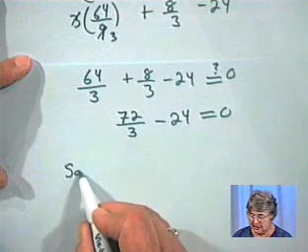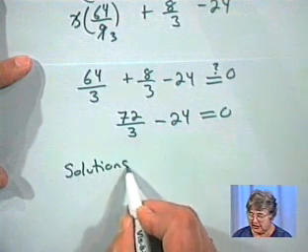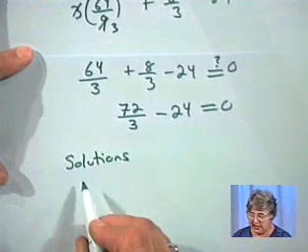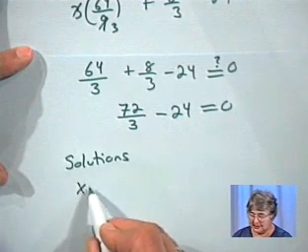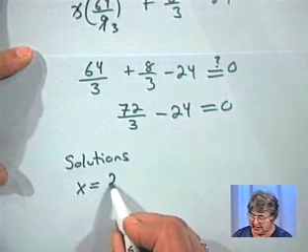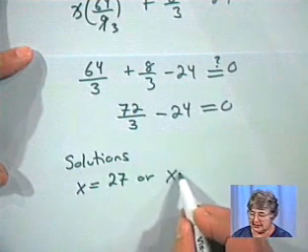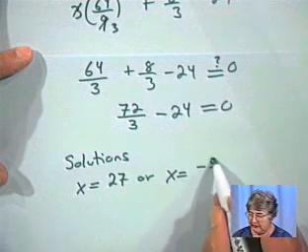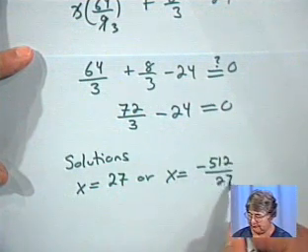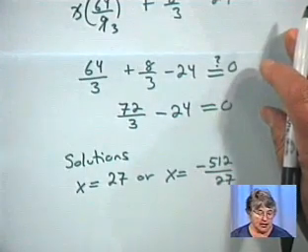So the solutions in this case, after transforming this equation into a quadratic equation, are x equals 27 or x equals negative 512 over 27. Okay?